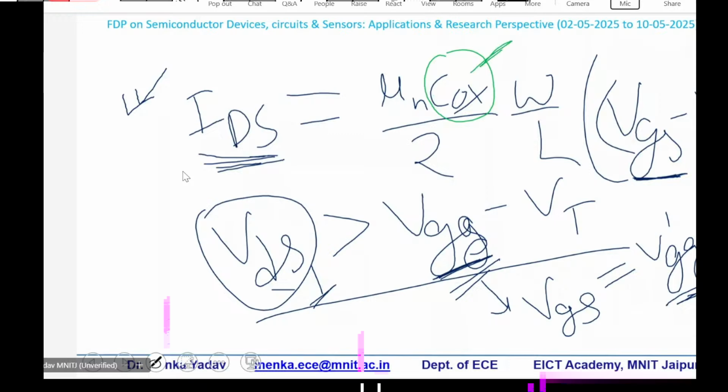How Cox and force behave will be decided by the piezoelectric material. So from these two properties, we can figure out what was the force or pressure applied over here. So this is how the MOSFET can work like a force sensor or pressure sensor.